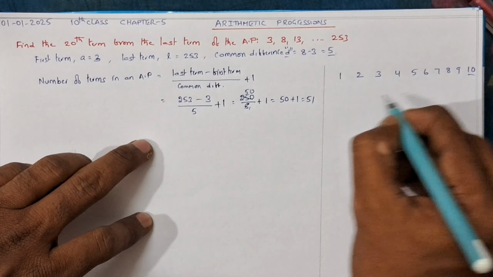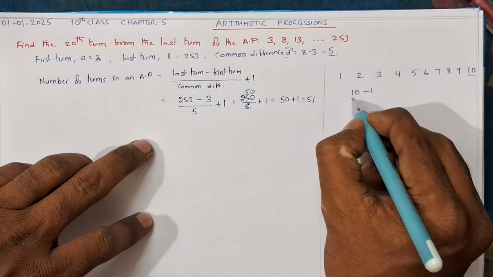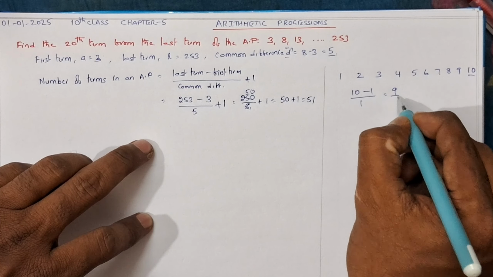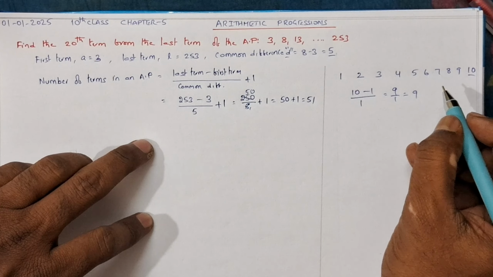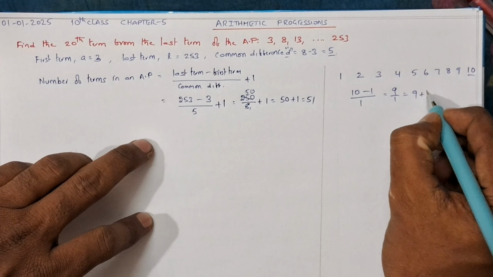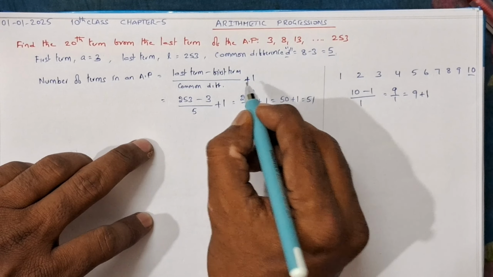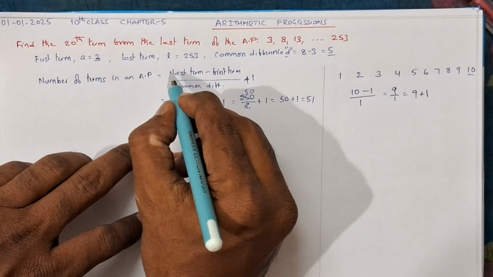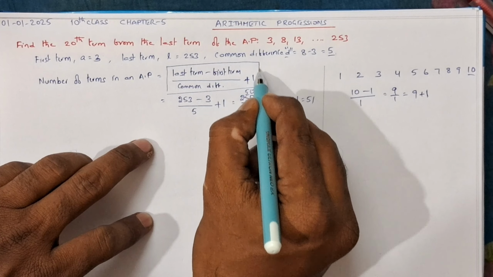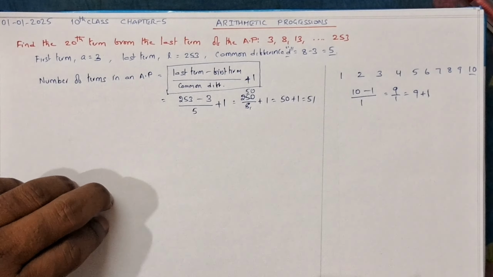Last term is 10, first term is 1, common difference is 1. That is equal to 9 by 1, that is equal to 9 terms. But here 10 terms are there. That's why I have added 1 at the end. So this is the formula, need to be remembered by everyone. We have to add plus 1 over here.